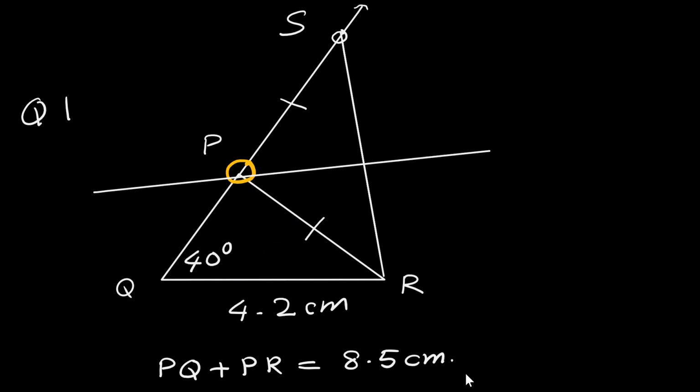So point P is on the perpendicular bisector of SR. Reason? Perpendicular bisector theorem. We will prove this property in the third chapter.